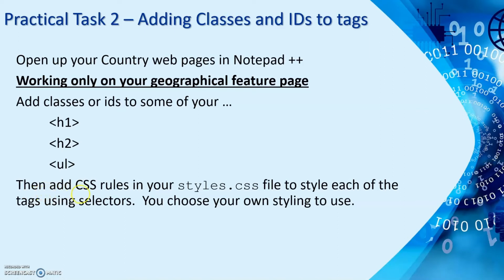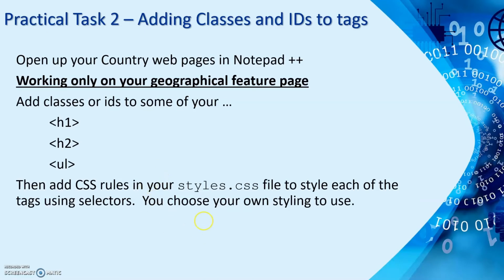Then add CSS rules to your styles.css file to style each of your tags using the selectors. You again choose whatever styling, whatever colours you want. When you're doing all of this styling, you might need to remove some of the styles, the colours and things, that you already had.